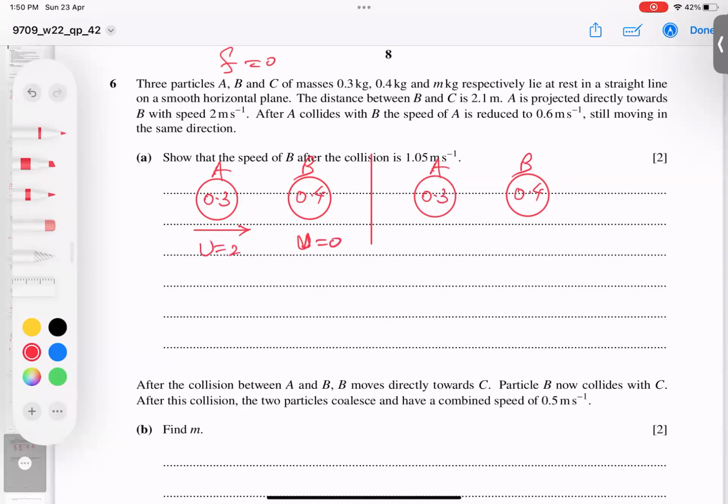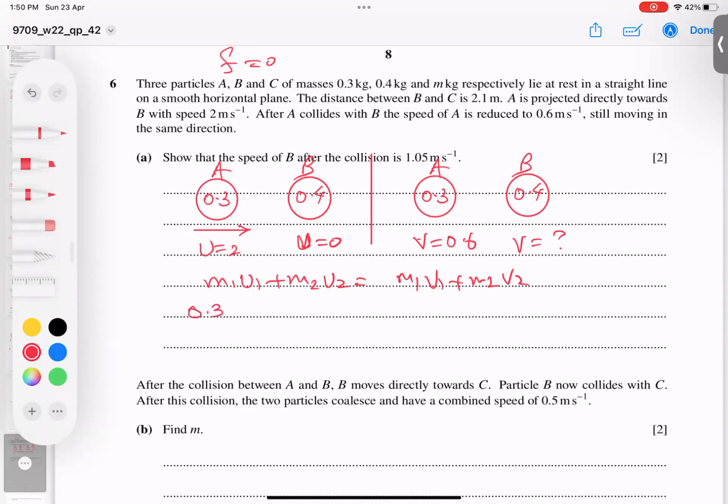Finally, the velocity of particle A becomes 0.6, because it was said, and we need to find the velocity of this one, B. So what is the formula? You know it always: m1u1 plus m2u2 is equal to m1v1 plus m2v2. So before collision and after collision, momentum always remains the same.